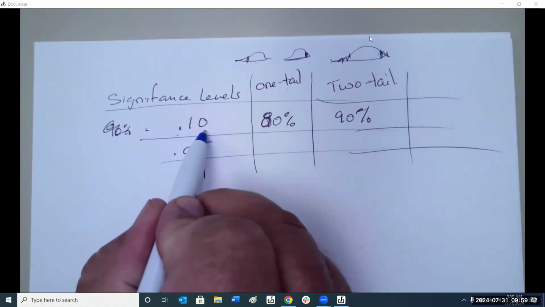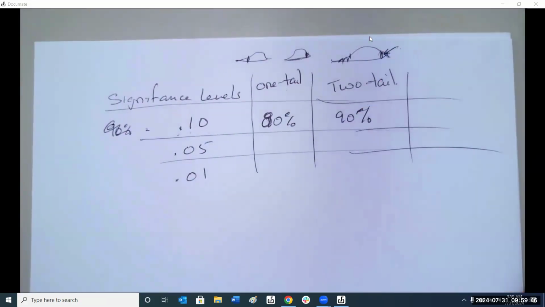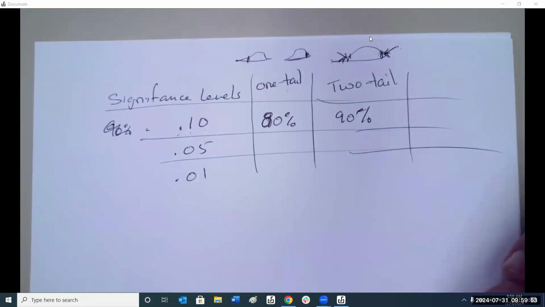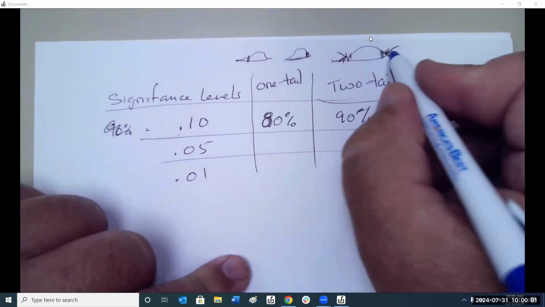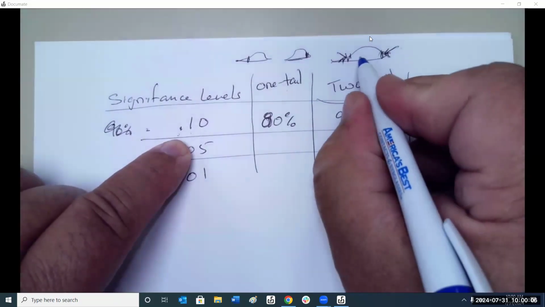Because 0.10 represents the amount of area in that place. So for the two sides, for two tail, we're going to have 5% each on the left and right. So the total is 10%, and the middle will be 90%.